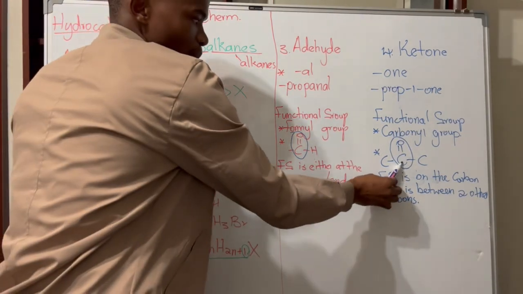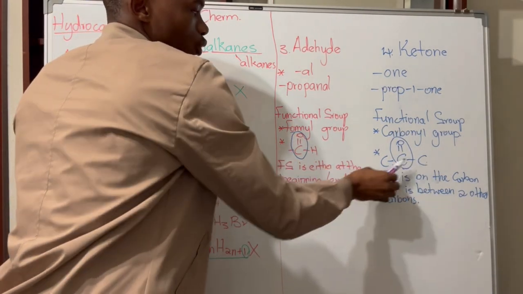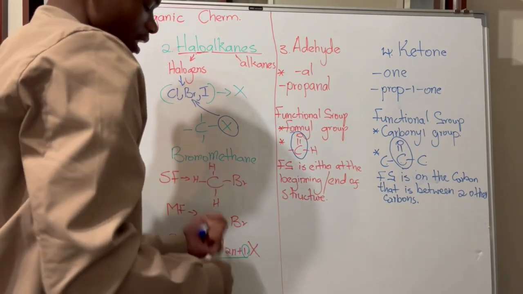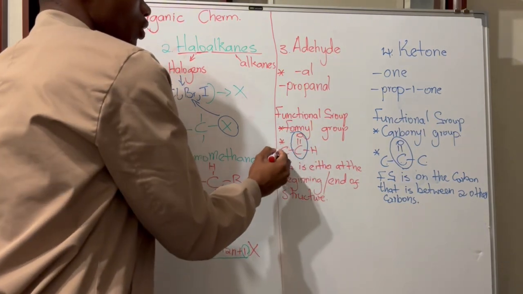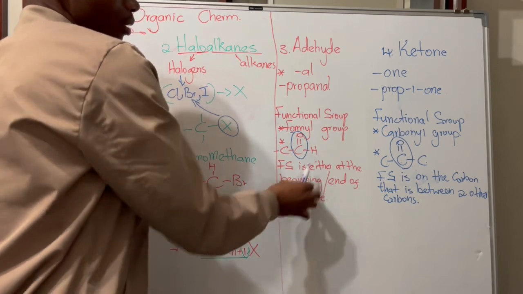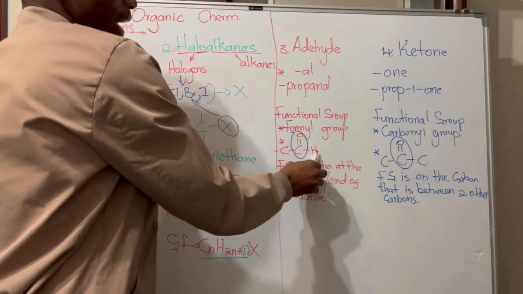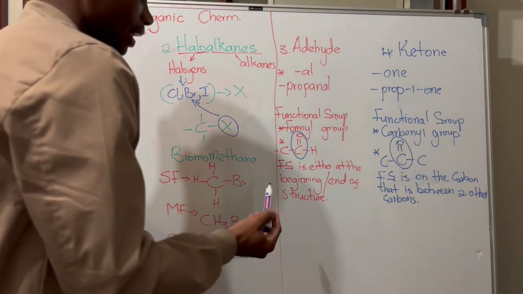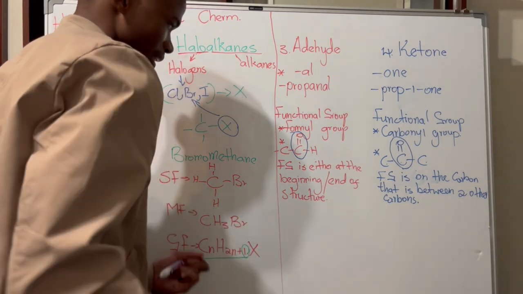So it's on the carbon that is between two other carbons, while here it's at the end, meaning that this structure, if it continues, it will continue going in this direction because it has ended there with that hydrogen. Or if it's in the beginning, it's going to be something like this.